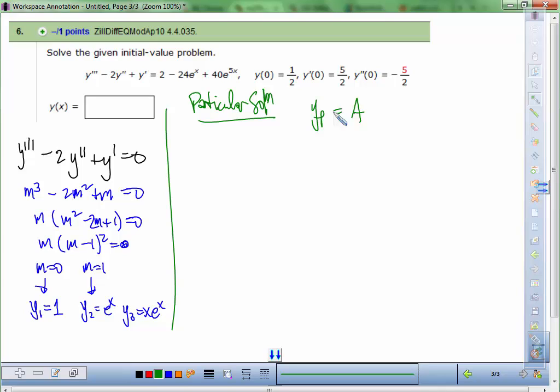It'll be A plus B e to the x plus C e to the 5x. So initially, this is what I would be looking at as my particular solution.